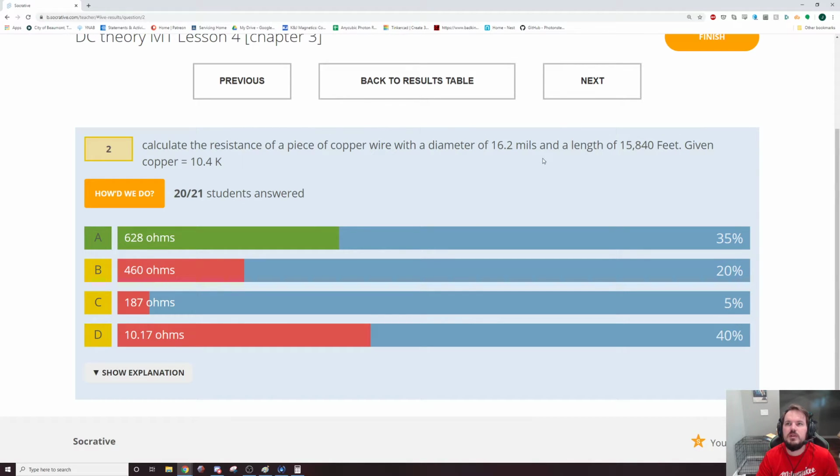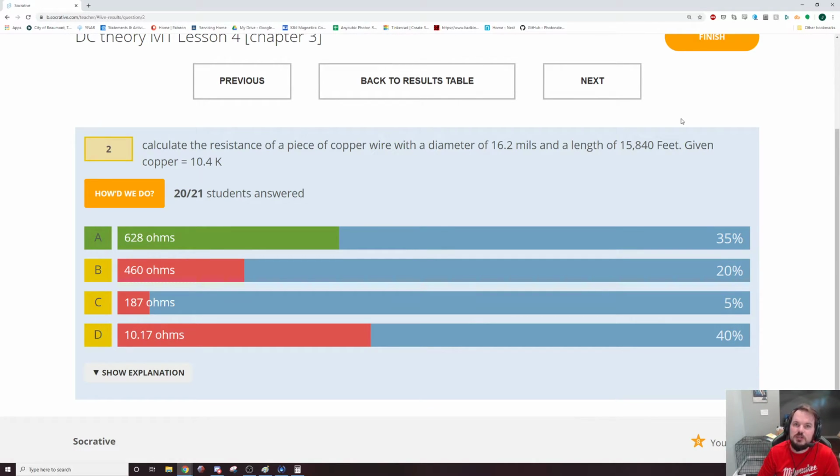It is not 16.2 times 1,000 squared. Oh, you're saying 16.2 is mils. You would be trying to get to inches, is what that 16.2 times 1,000 would be.